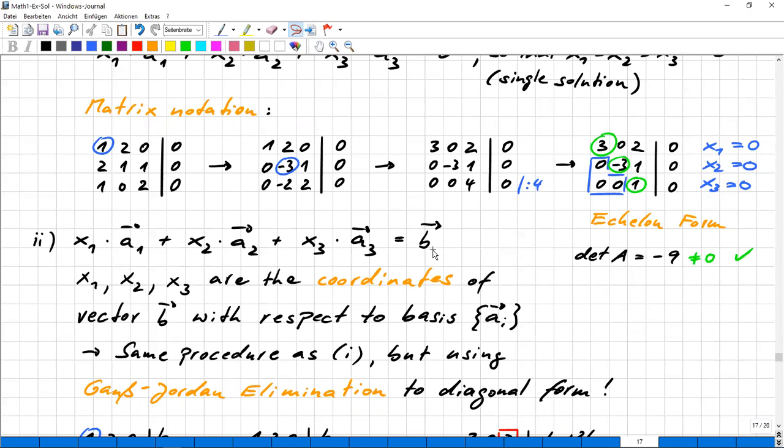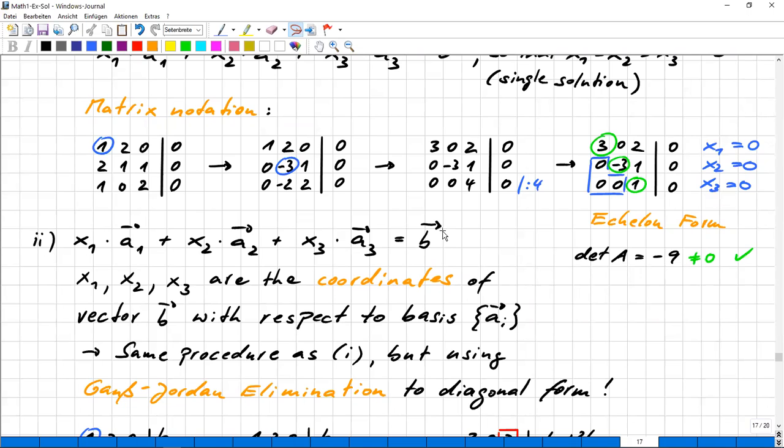So why do I do this? It's because, by definition, the coordinates of a vector with respect to a given basis are exactly the scaling factors that have to be used inside the linear combination which results in your given vector b.